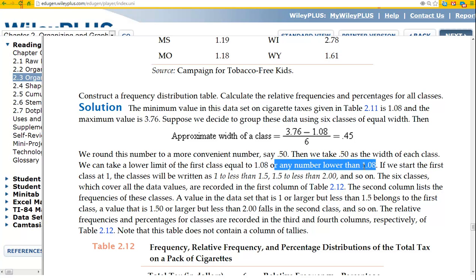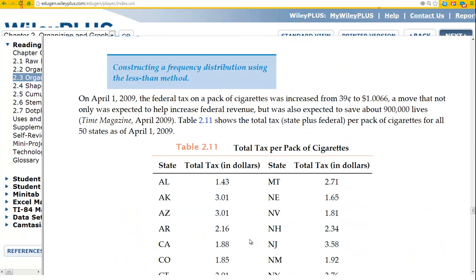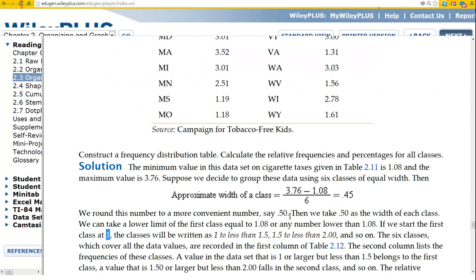Because that's kind of an inconvenient number to start a class at, let's start it at 1 instead. So the classes will be written then, and this is what they mean by the less than method, used when you have lots of fractional numbers. The less than method means we start at 1 and the class width is 0.5, so it's 1 to less than 1.5, not including 1.5.